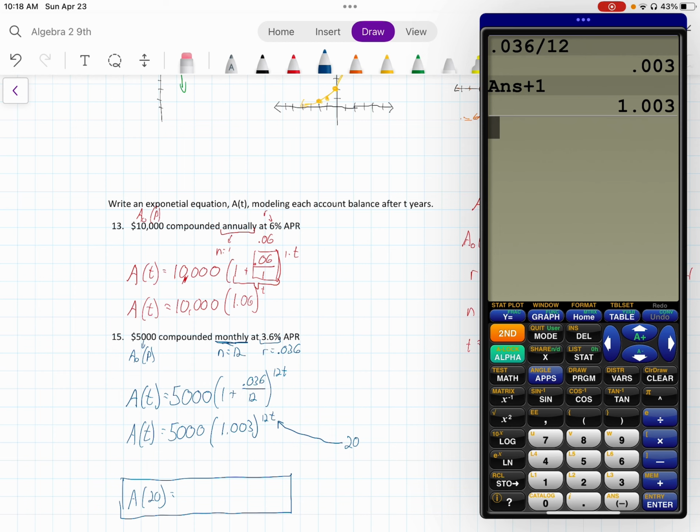So we're going to have 5,000 times parentheses 1.003 to the 12 times 20.